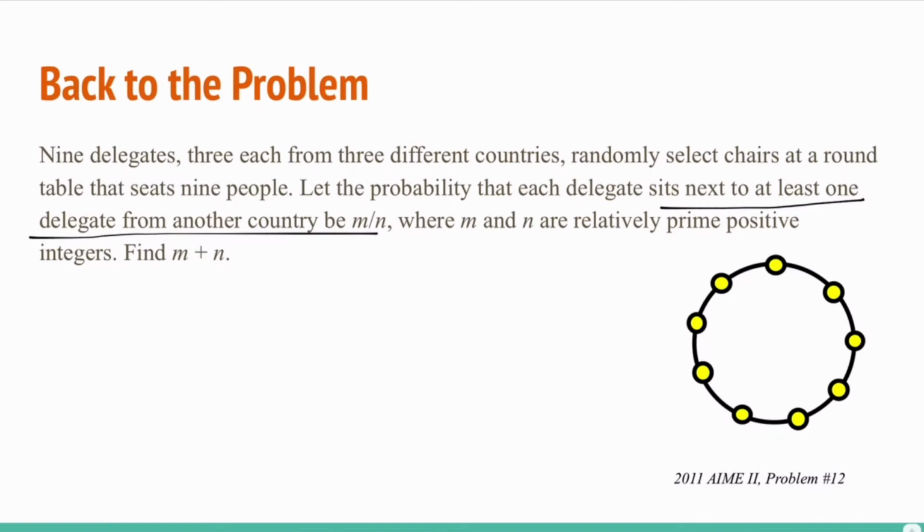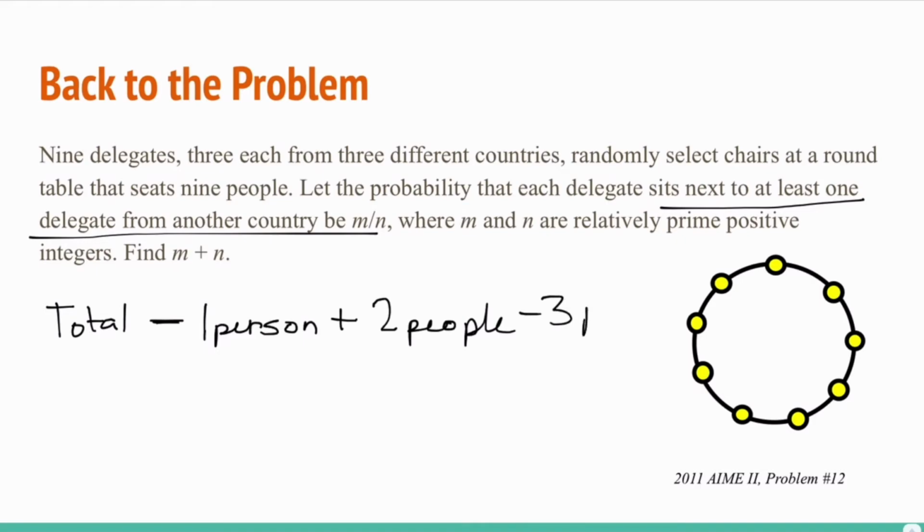All we have to do is calculate the total number of ways to seat them, minus the number of ways that at least one person is not seated correctly, plus the number of ways that at least 2 people are not seated correctly, and minus the number of ways that 3 people are not seated correctly.